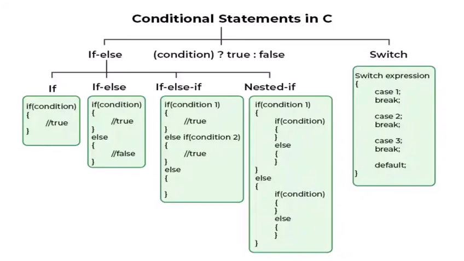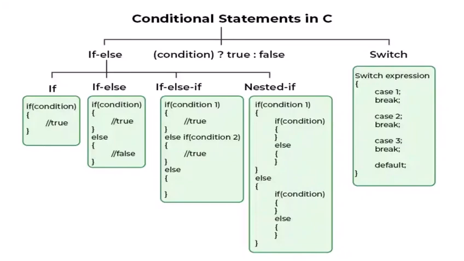Switch expression: case 1, break; case 2, break; case 3, break; then a default. Switch statement, a multi-way branching statement that compares a variable against several constant values and executes the matching case block.